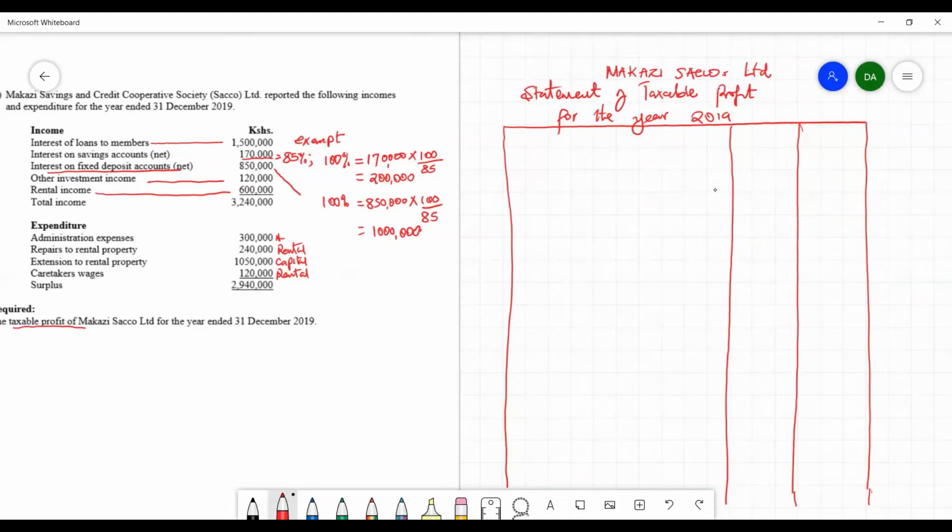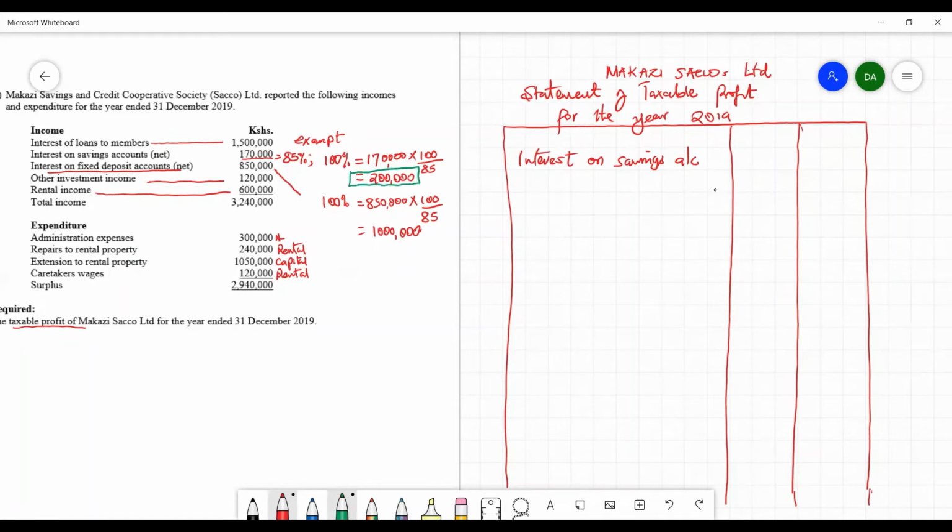Interest on savings account. Remember, we said that interest on loans to members is exempt, so we don't add it. We start with interest on savings account. Interest on savings account is a total of 200,000.